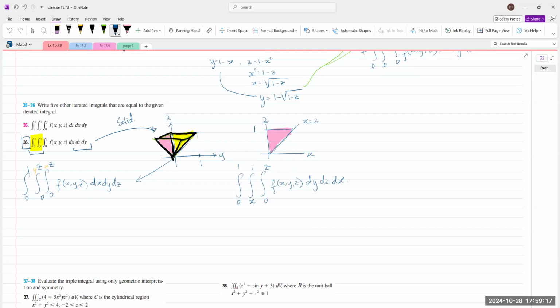The other order, we have integral f x y z dy dx dz. The z will be from 0 to 1, and then x will be from 0 to z. This is from 0 to z again. This one is x equals z, this is y equals z.